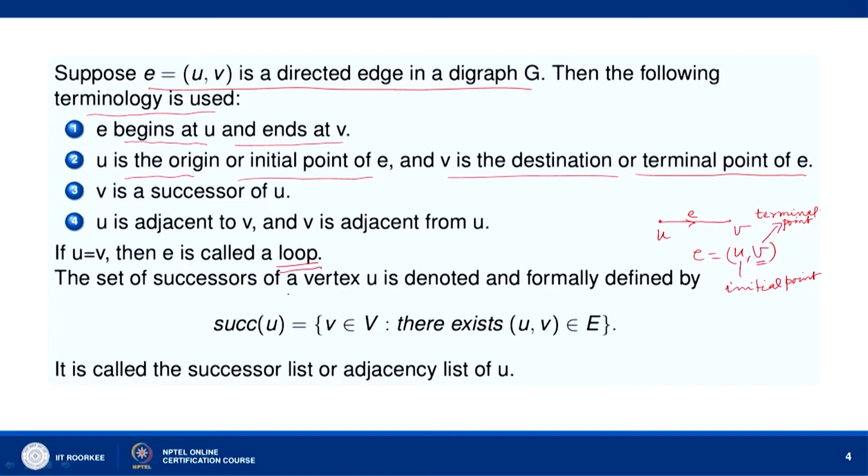Now, the set of successors of a vertex U is the set of all V belonging to V such that there exists an ordered pair of vertices UV belonging to E. So, this set consists of all those V such that there is an edge from U to V, and V is the successor of U. This set is called the successor list or adjacency list of U.